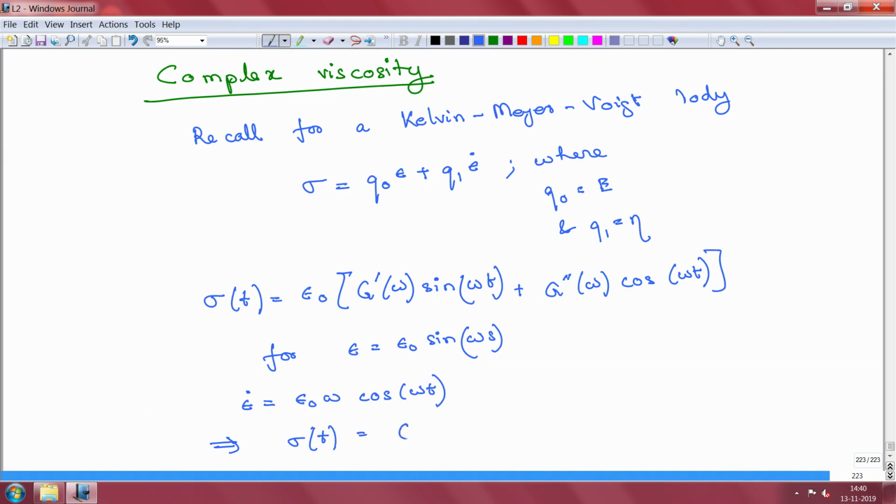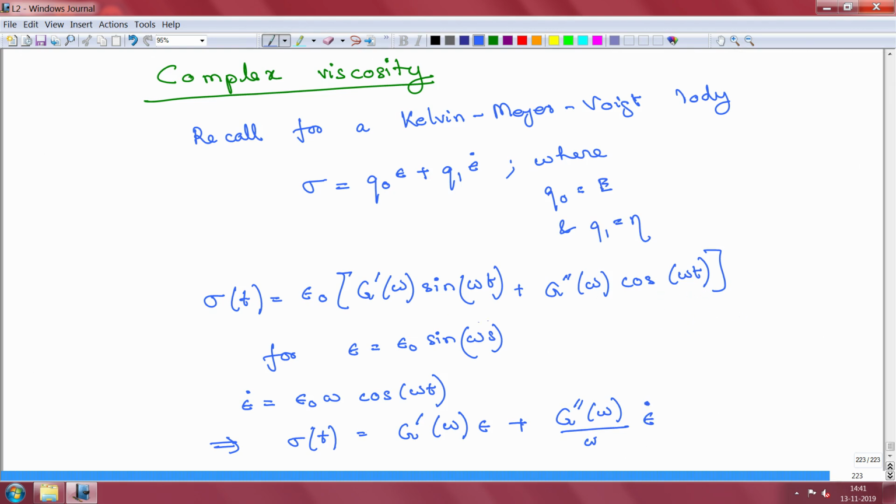okay. So, this first part is epsilon and this second part is related to epsilon dot, so I have recast that equation.